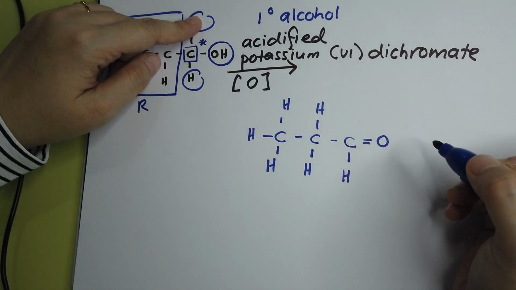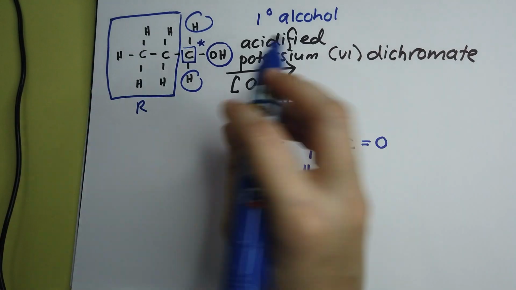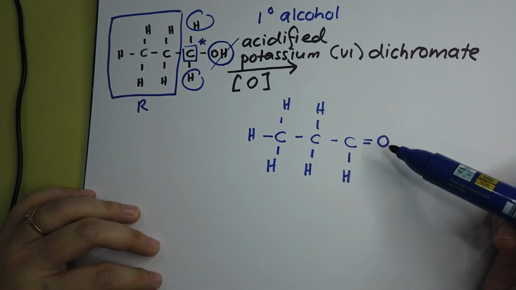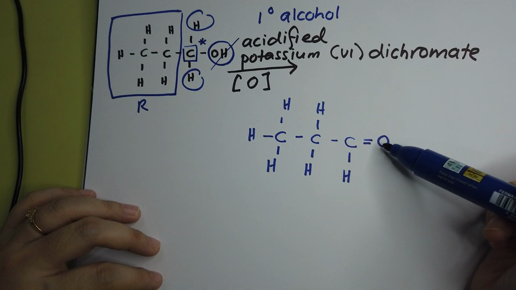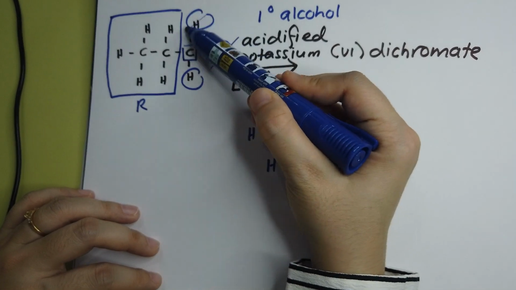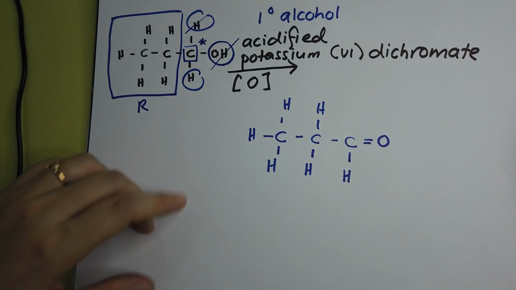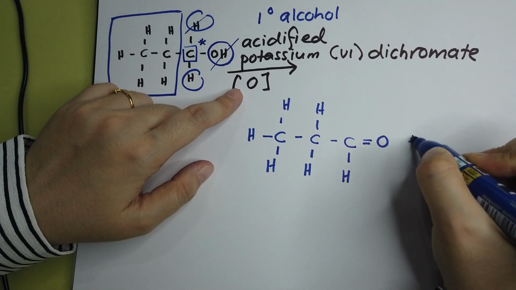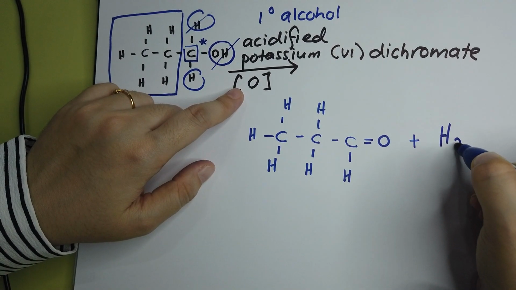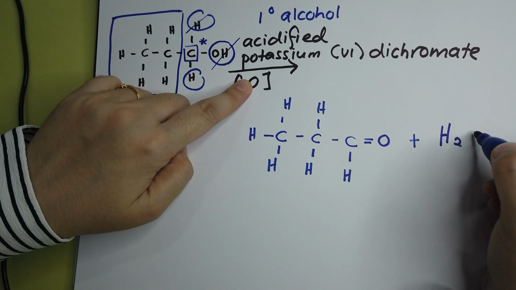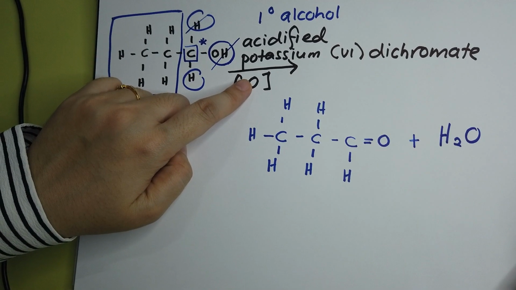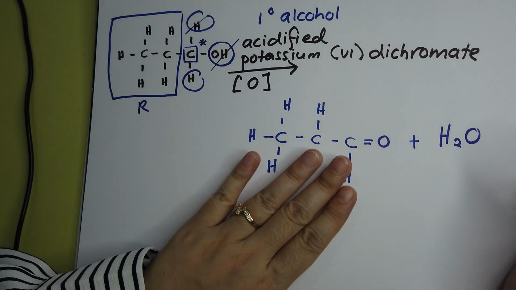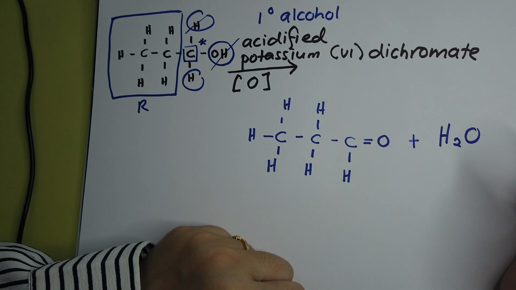You have cut off this hydrogen, so that from OH it becomes double bond O, and this H as well. Since this is an oxidation process, the by-product will be water, H2O. So this is an aldehyde.